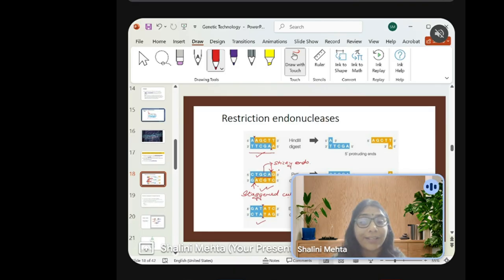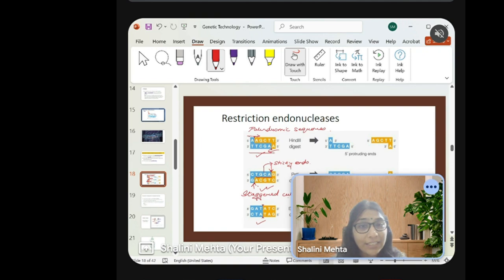Another important thing about these restriction endonucleases is that they generally identify palindromic sequences. What are palindromic sequences? Sequences which are read in the same way in both directions. AAGCTT: from this direction also it is AAGCTT.